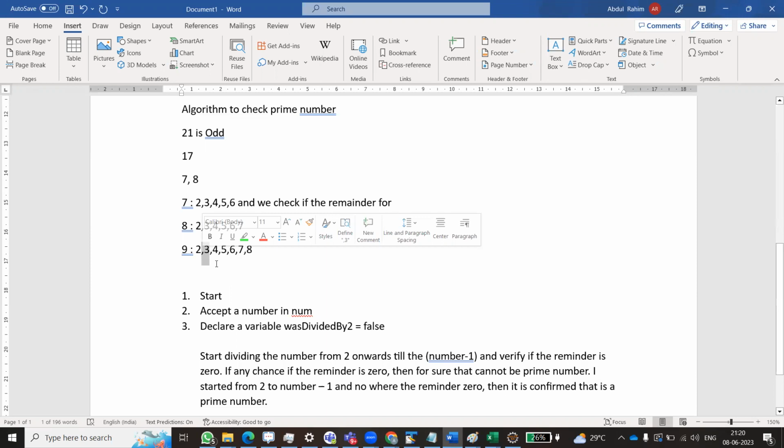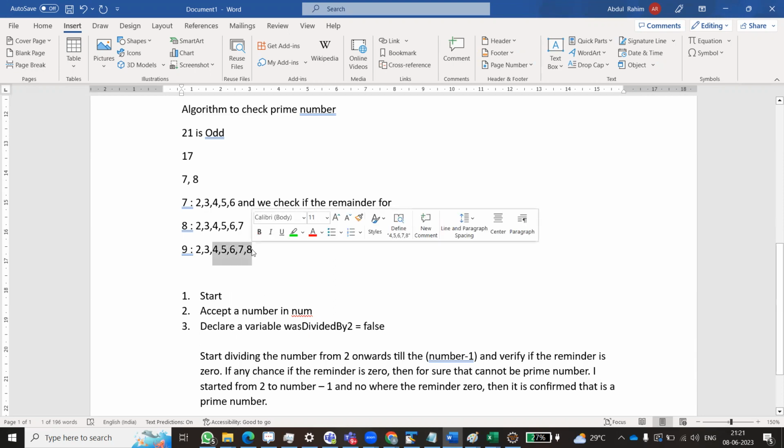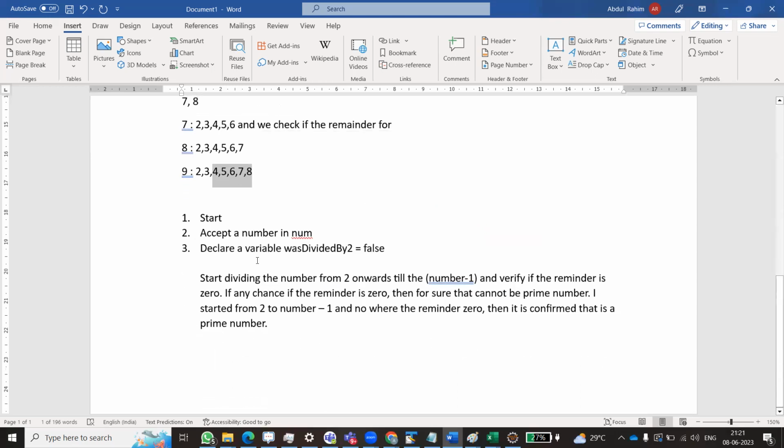So once I identify that a number is divided and the remainder is 0, I do not go and check the rest of the other things. Am I right? The moment I find that at least one number divided and the remainder was 0, it's not required for me to go forward. So I will say declare a variable was divided by 2 is false.